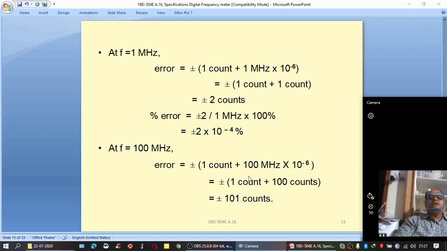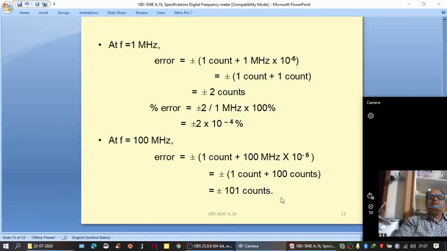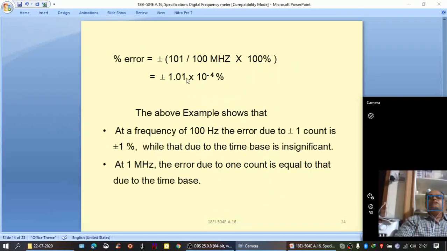So it would come to be 100 counts. 100 into 10 power 6 into 10 power minus 6. That is 100 counts. 1 count plus 100 counts. It is 101 counts. What is the percentage error? Percentage error is 101 by 100 megahertz into 100. That is plus or minus 1.01 into 10 power minus 4.